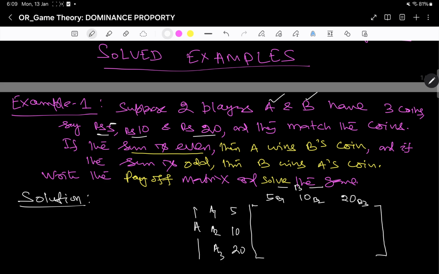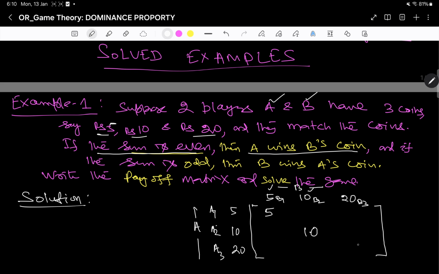Then it is asked, if the sum is even, then A wins B's coin. So here you see, in this place 5 plus 5 is 10, even, so A wins B's coin. B's coin is 5, so it is plus 5. Now 10 plus 10 is 20, even, so A wins B's coin. B's coin is 10, so A wins 10 here.